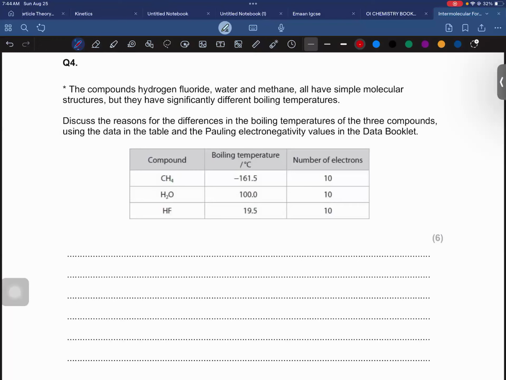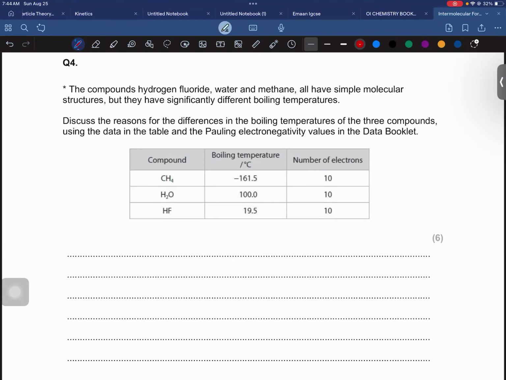Just checking the data booklet table. First of all, you are supposed to consider which one is polar, which one is non-polar, which one has a permanent dipole, which one has a temporary dipole, which one has a strong dipole, and which one has a weak dipole.